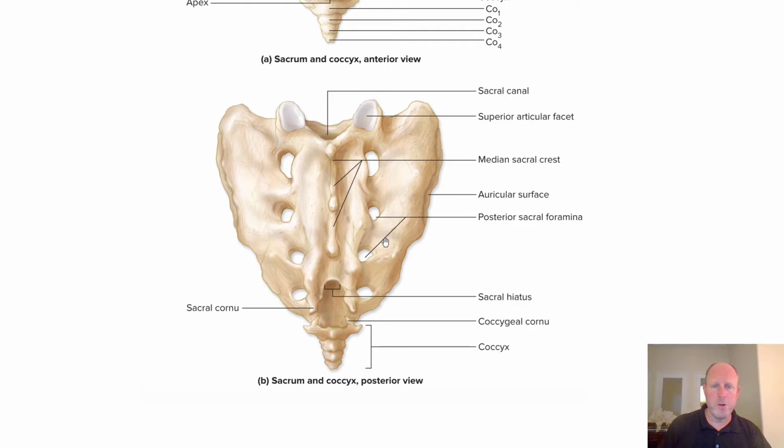And more from a posterior view, there's a sacral canal and superior articular facet, the median sacral crest going through here. Again, the posterior sacral foramina, the auricular surface laterally here, the sacral cornu, sacral hiatus through here, coccygeal cornu, and the coccyx.